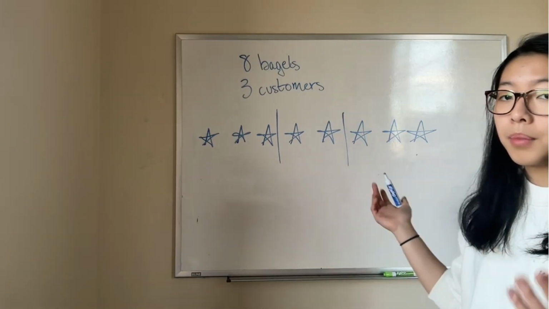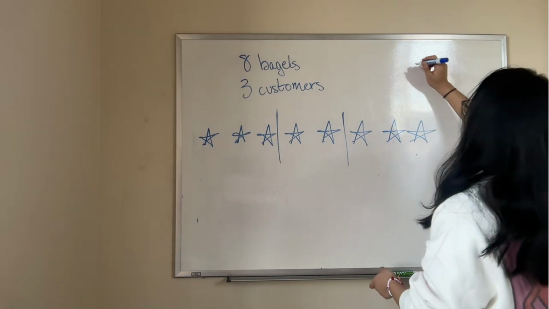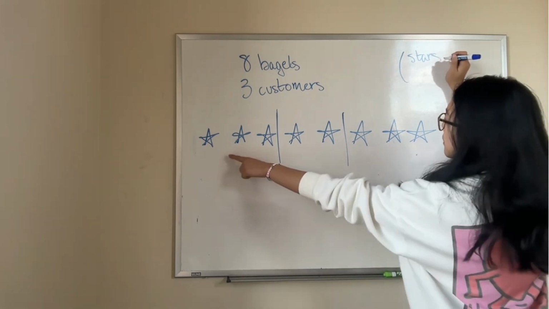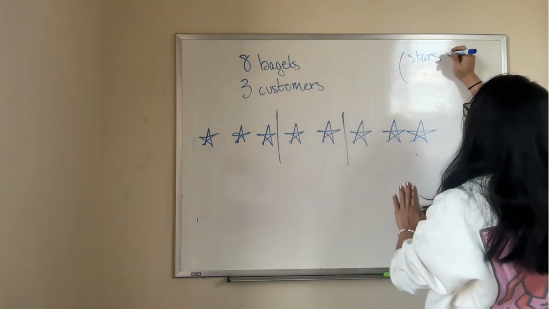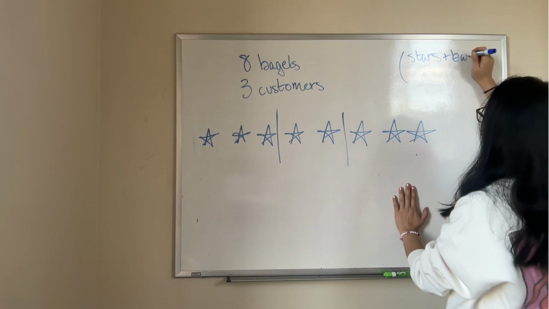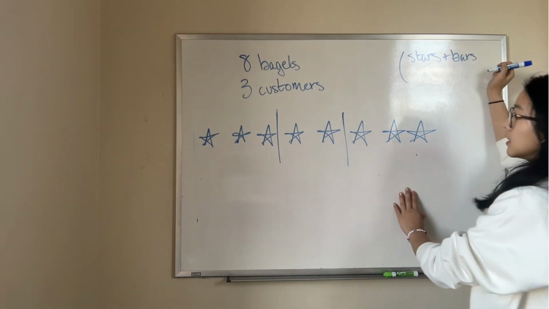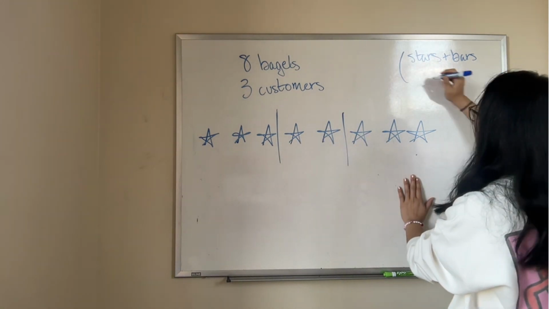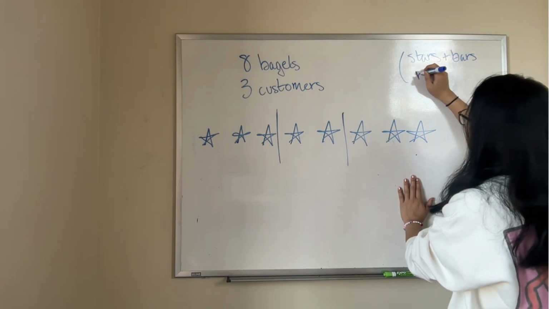You can divide it up however you want, and we can calculate all these different combinations of putting our bars in by using this formula: stars plus bars, where stars are the objects and bars are the dividers between the different people or boxes we want to divide our things up into, choose bars.